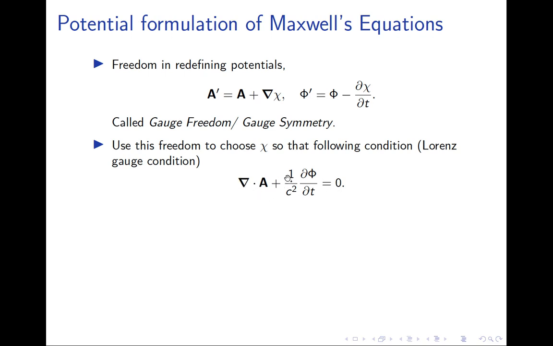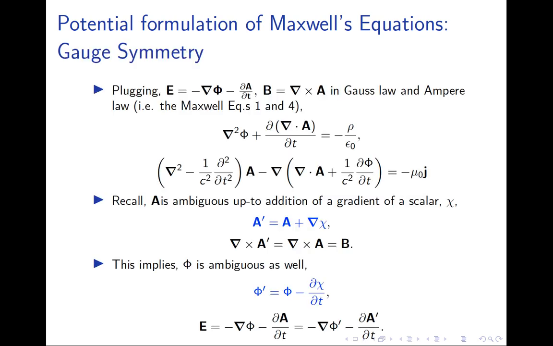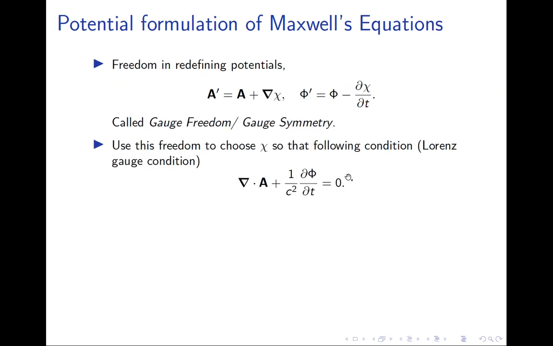Divergence of A plus 1 over c squared del phi del t equals 0. If that is the case, then Maxwell's equations simplify. For example, this will be 0, the second term will be 0, this term will be 0. So because we have a gauge freedom, we can use this freedom to set the condition that our potential is such that we arrive finally at a vector and scalar potential which will satisfy this condition.